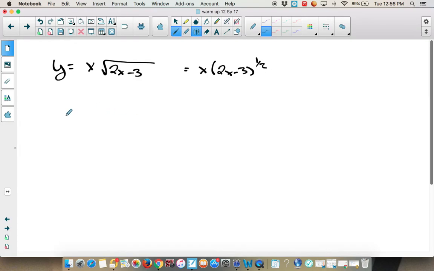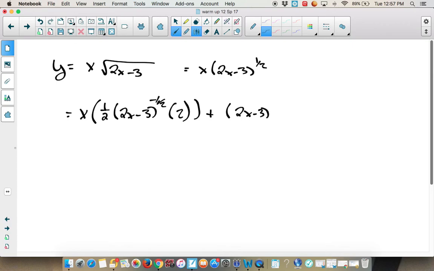And my product rule is going to say my first times the derivative of the second, which will be 1/2 2x minus 3 to the negative 1/2 times the derivative of the inside, which will be 2, plus the second times the derivative of the first, which is just going to be 1.